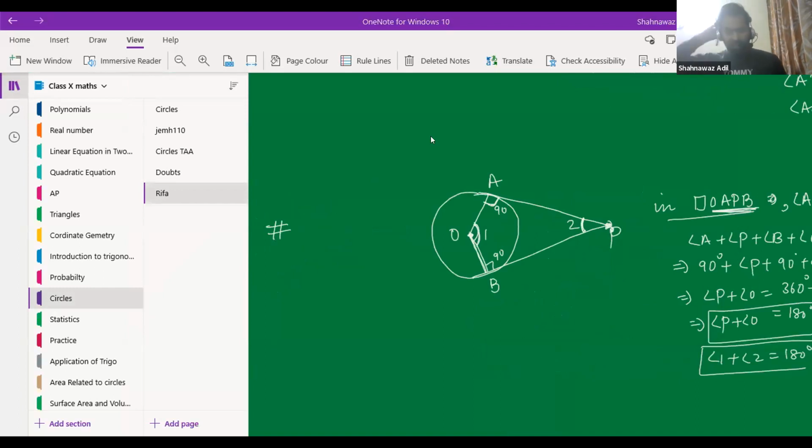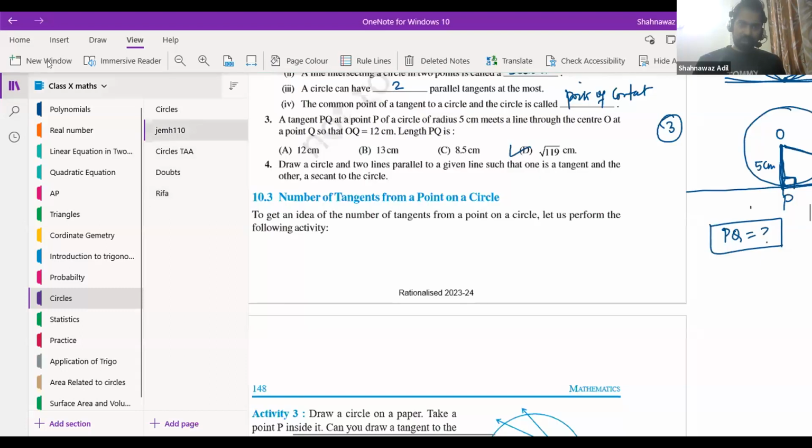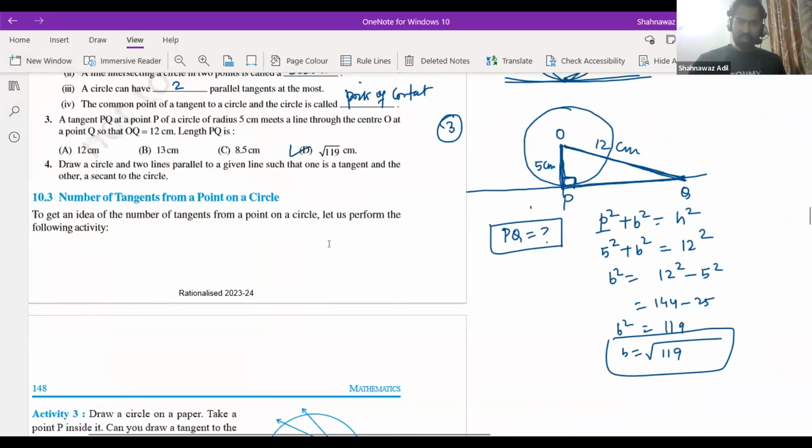Remember you have this class assessment also. In that class assessment, you have the topic triangles, the first topic of triangles. So whenever this class is over, please take that test.